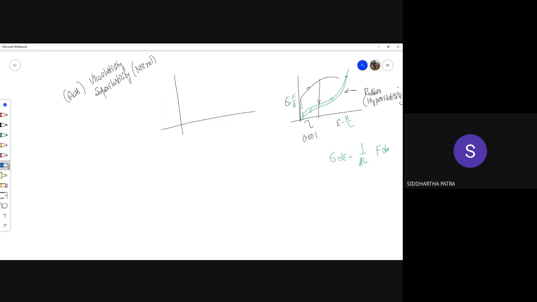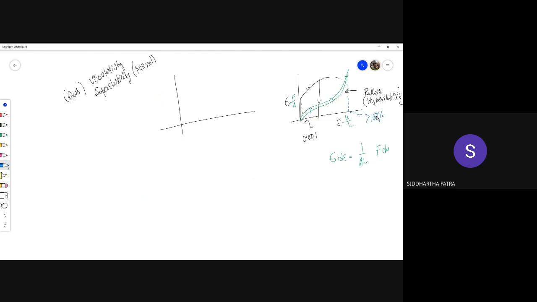So for rubber, the extent of strain up to which it can more or less behave like an elastic material, although non-linear, could be greater than 100%.